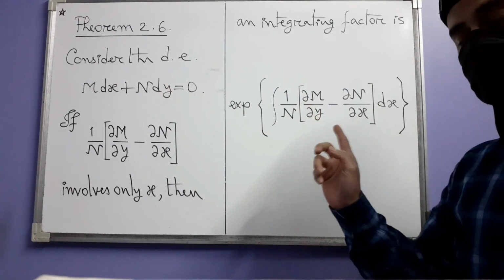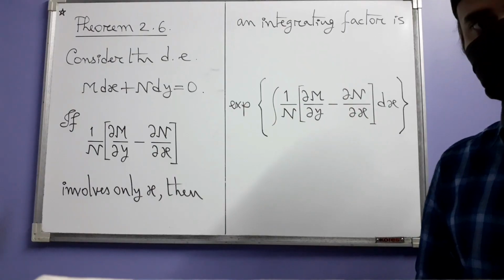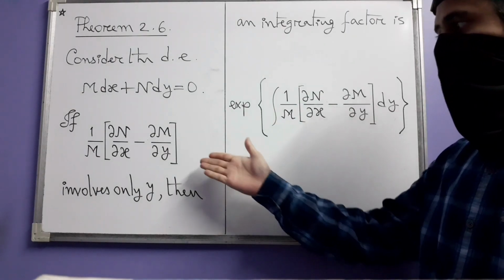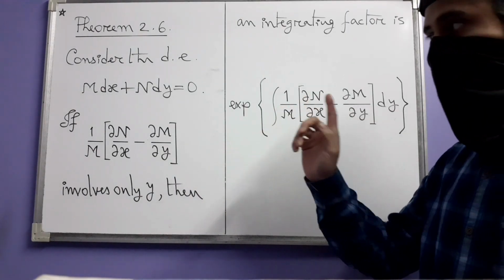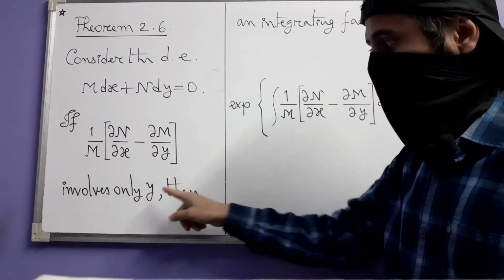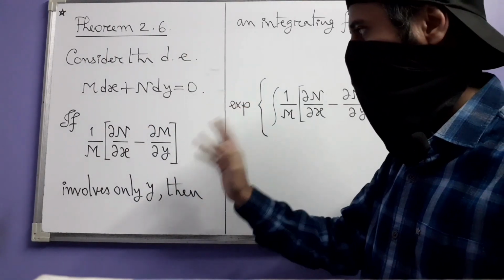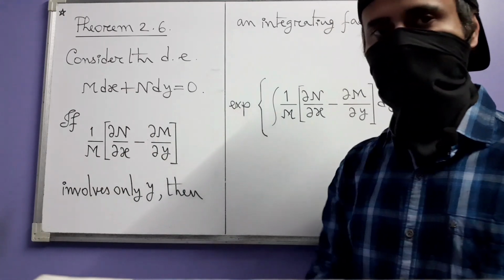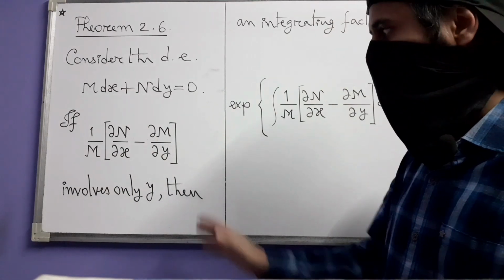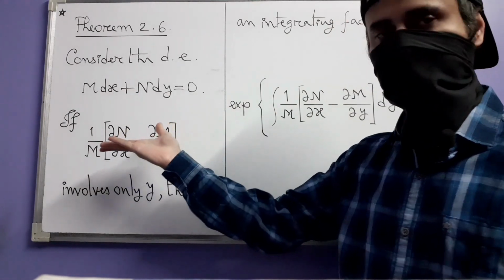And there is another part of this theorem also. And that second part is this. If instead this other expression involves only y, in that previous expression we had 1 divided by n times this minus that.